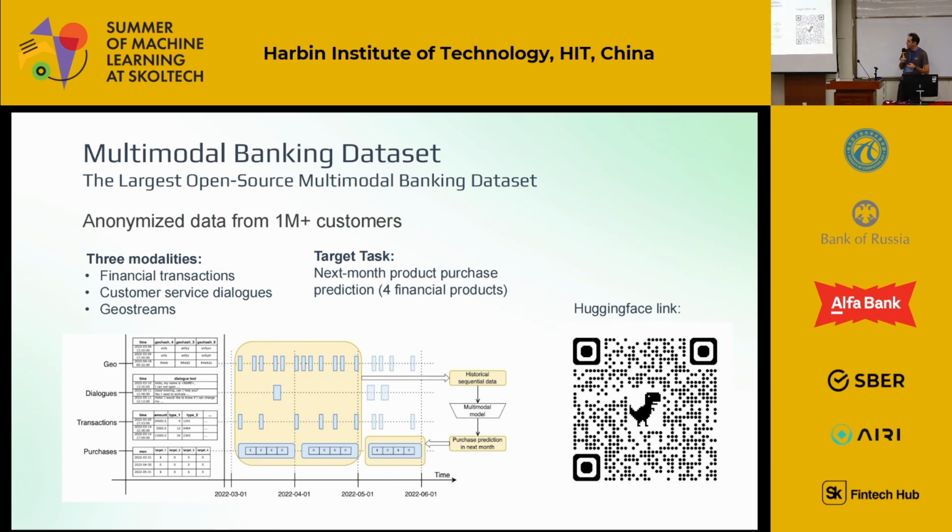It's 4 different products which the customer can buy, and you should predict which product the customer will take, and you see the history. So you have 4 different sources, temporally distributed, and you should make some model which sees all of these sources together and makes a prediction.